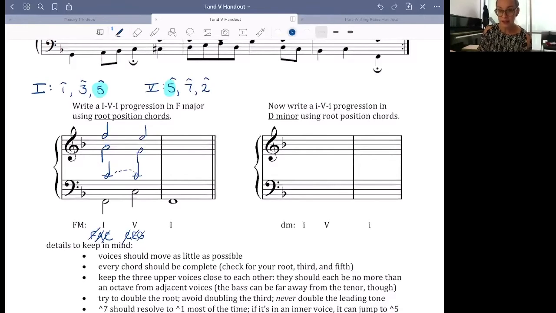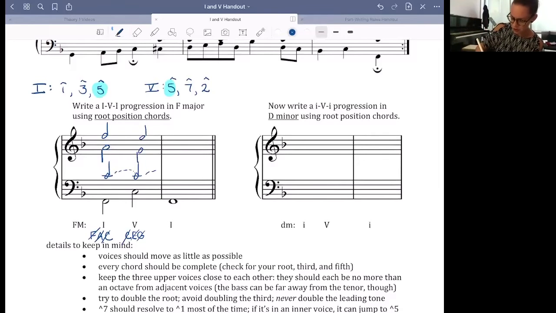Don't overcomplicate this. We just came from the 1 chord. There's a pretty good possibility that we can go back to it the same way that we got there. It's not always going to work like that, but for right now, there's a pretty good chance.